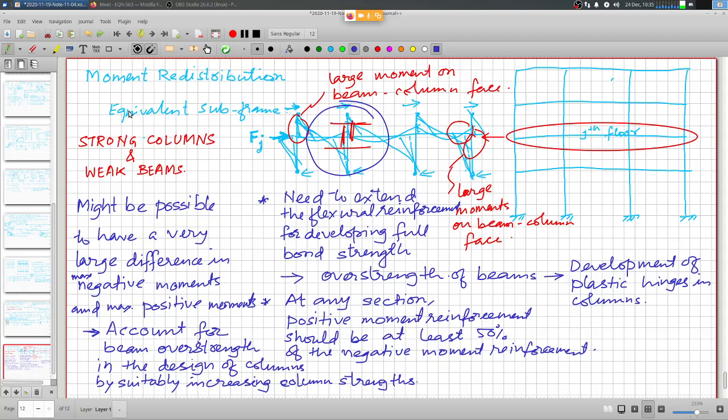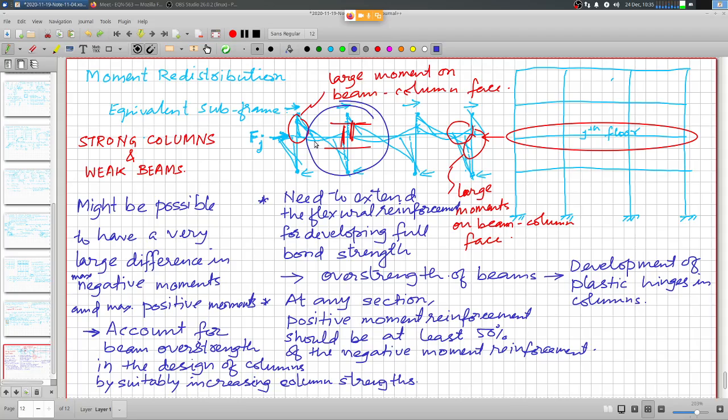The only thing is you need to assess what is the overstrength of the beam by virtue of this reinforcement extending to the full bond length, and what are the actual section capacities at that level. So it is not just the calculation that you arrive at from this moment diagram. What you need to do is the second step.